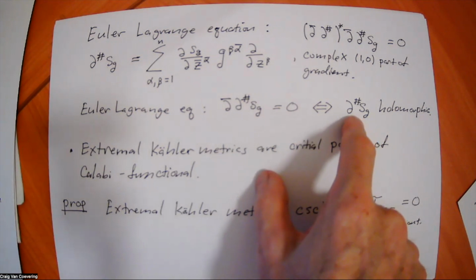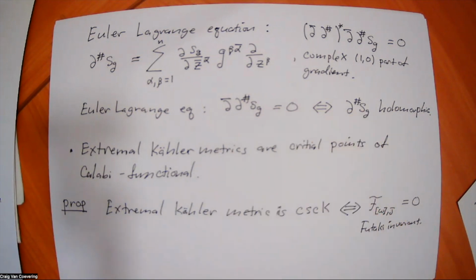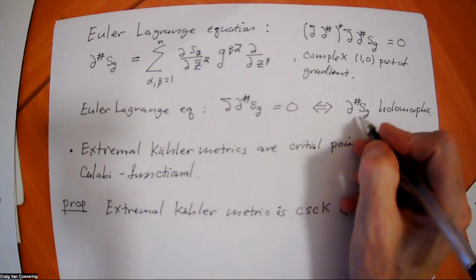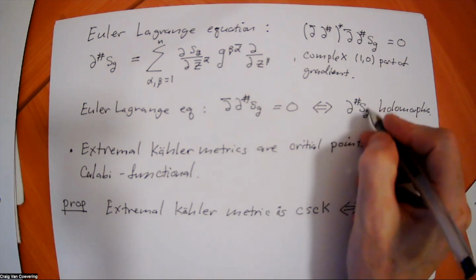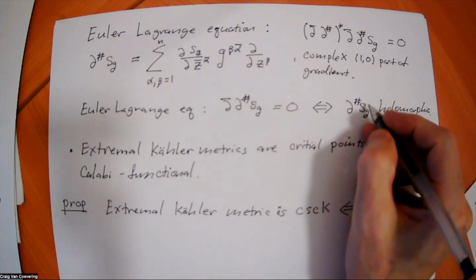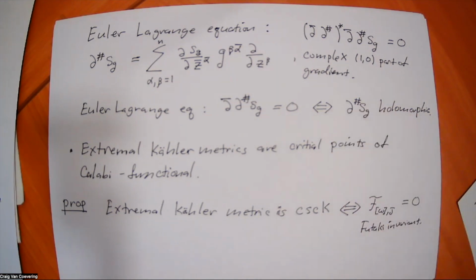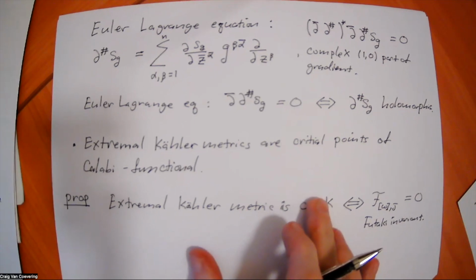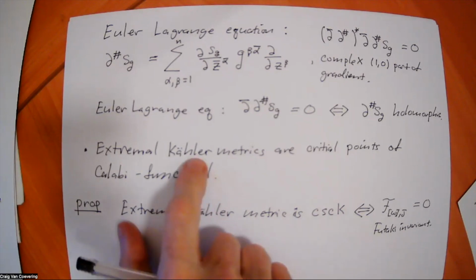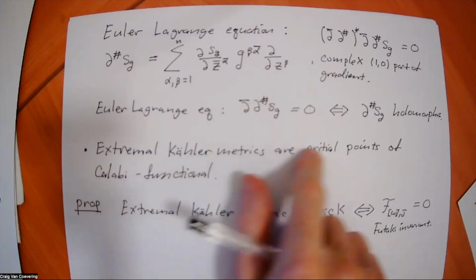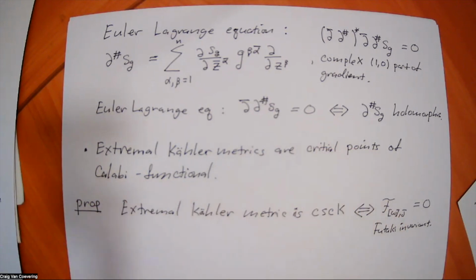The extremal vector field will be 2 times the imaginary component of this vector field. That gives the other definition of extremal Kähler metrics: they're critical points of the Calabi functional.